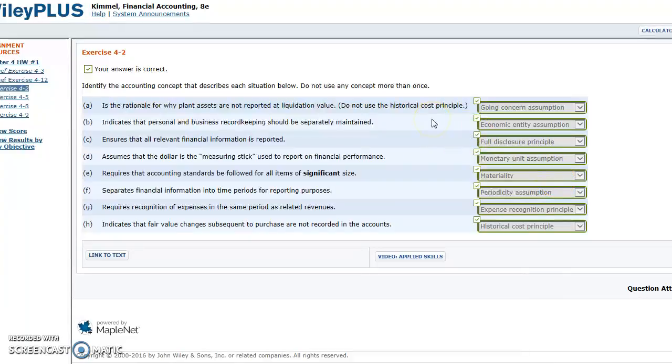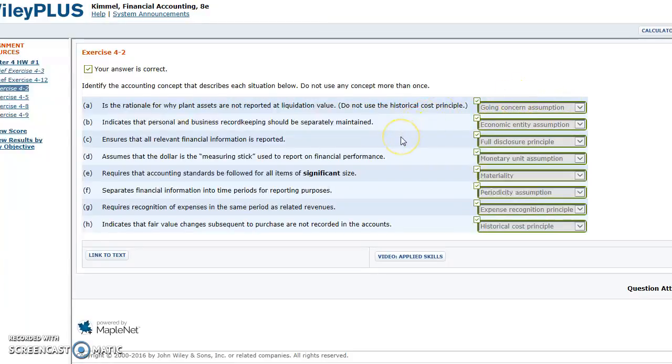For the first one: this is the rationale for why plant assets are not reported at liquidation value, and it specifies not to use the historical cost principle. So for this one, we use the going concern assumption.